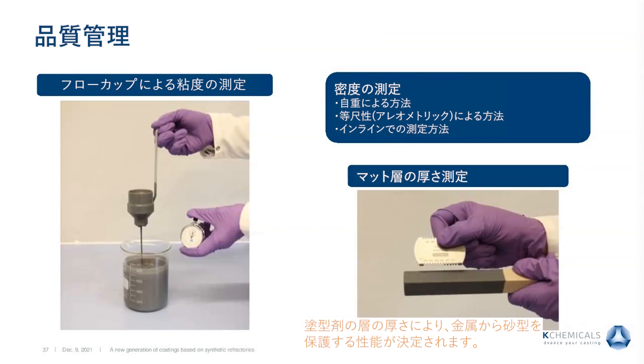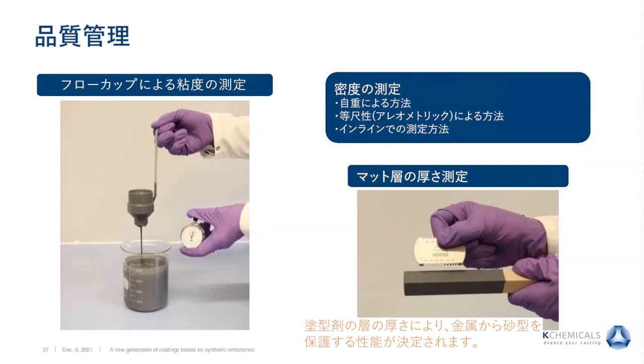Measuring the quality is key. You need to measure the viscosity by a flow cup, as you see on the left side. In addition, you can also measure the density.